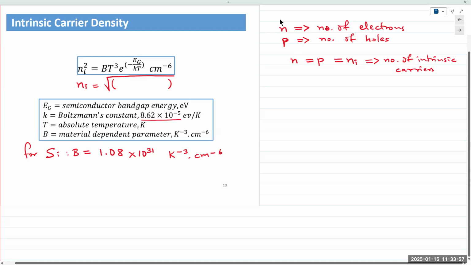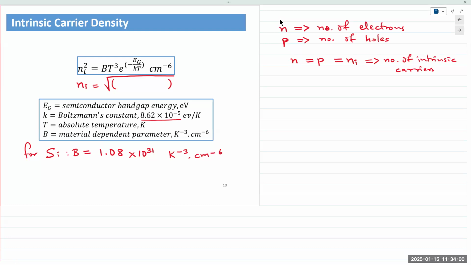Okay. Also, the reason it's in centimeters is because Ni would be per centimeter cube. So Ni is how many, sorry, not atoms, free carriers per centimeter cube. More appropriate to say particles per centimeter cube.